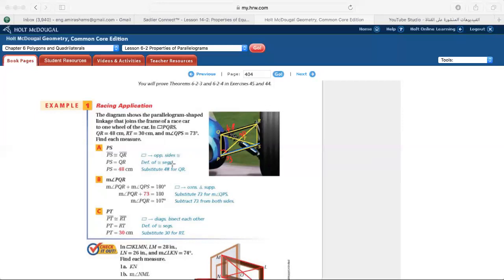They want the measure of PQR. PQR, they want this one. It is given that PQRS is a parallelogram, and a property of the parallelogram is that every two consecutive angles are supplementary.